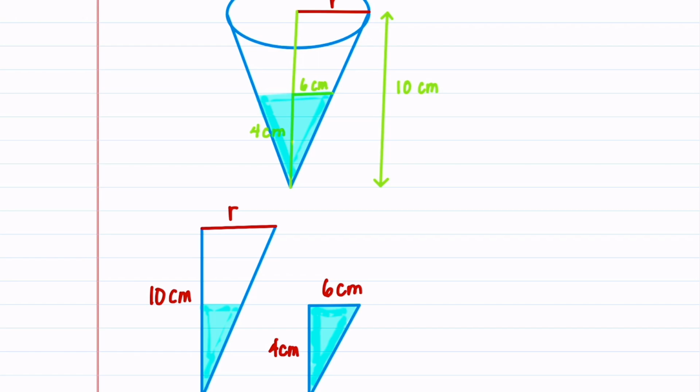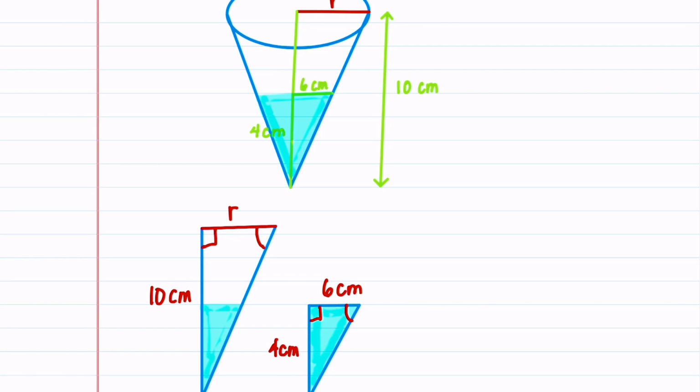Let's now notice that both triangles have a right angle, and then they also have an angle in common, which we'll denote like that. So if they have 2 angles that are equal, that means the third angle also has to be equal. So that will tell us that the corresponding sides are going to be proportional.